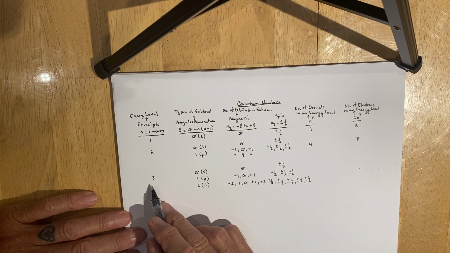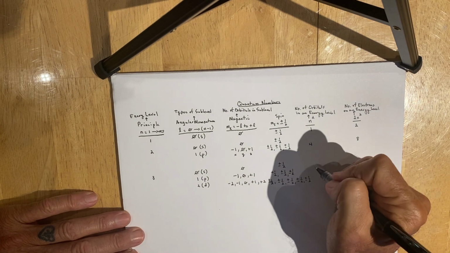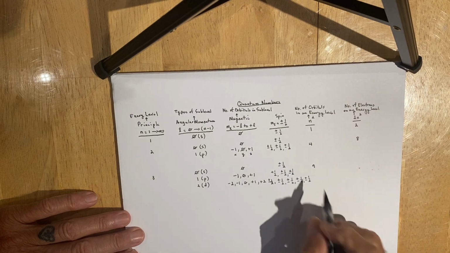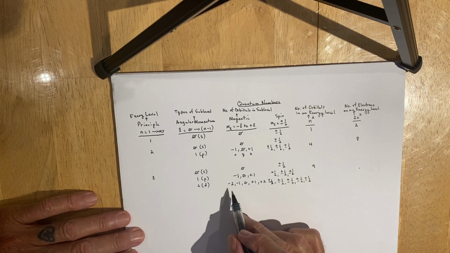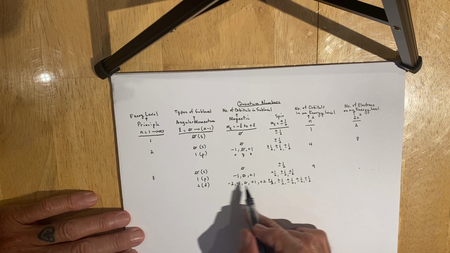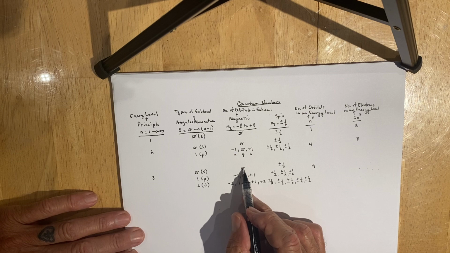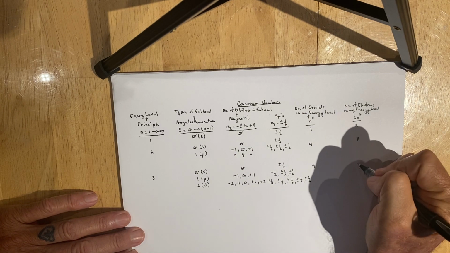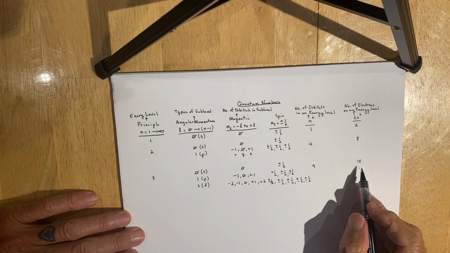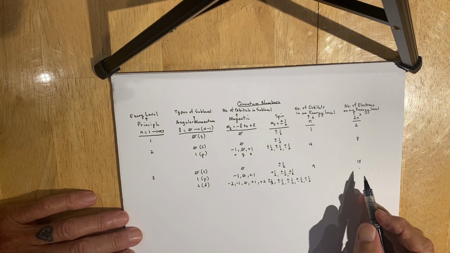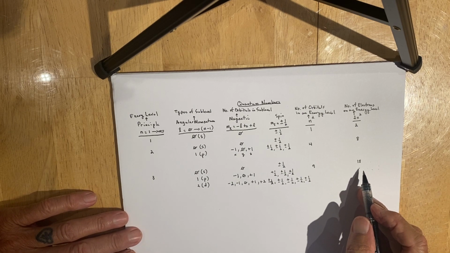So if n is 3, n squared would be 9, meaning that there are 9 orbitals predicted for the third energy level. 5 Ds, 3 Ps, that's 8, plus 1 S is 9, each of which holds 2 electrons. So we predict that the third energy level can hold a maximum of 18 electrons.